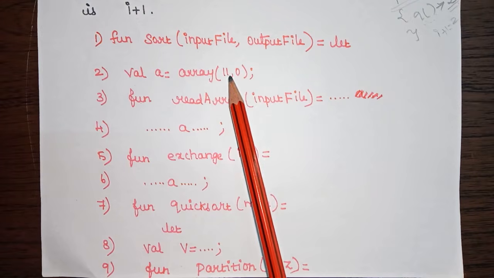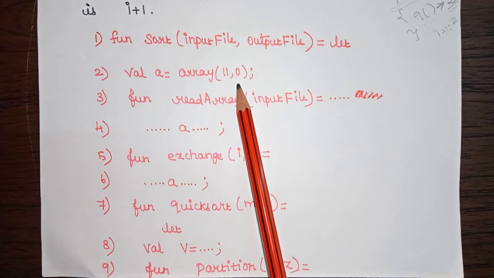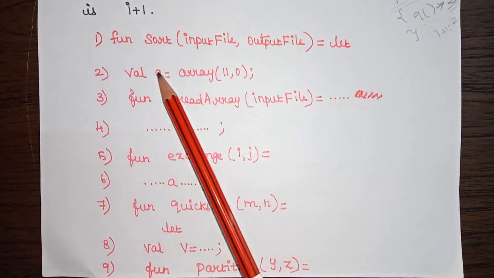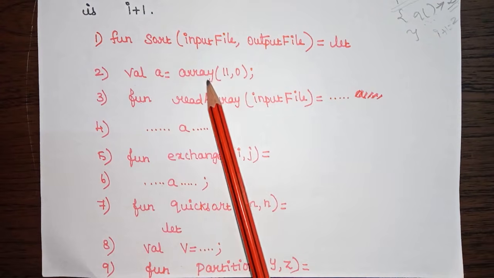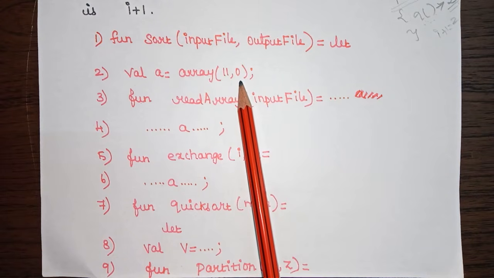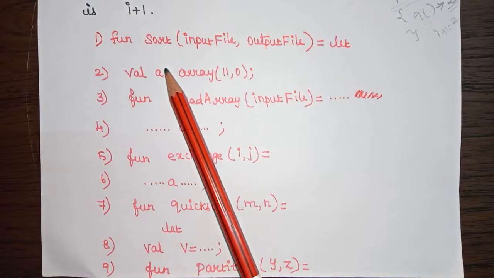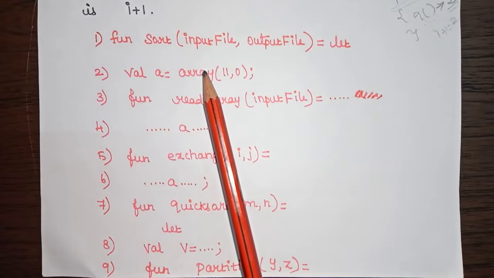Since this 0 is an integer value, we need not declare the type of the variable a here. The array elements contain only integer values, and the type of a is also integer.